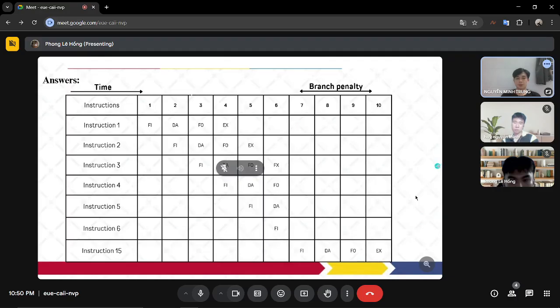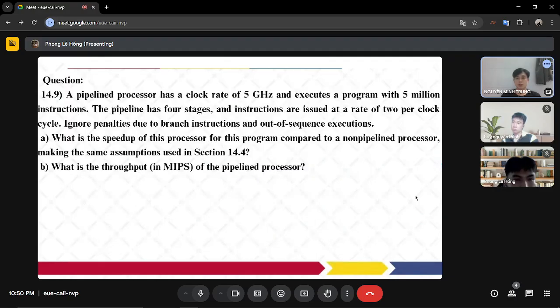Question 49. A pipelined processor has a clock rate of 2.5 GHz and executes a program with 1.5 million instructions. The pipeline has four stages and instructions are issued at the rate of 1 per clock cycle.